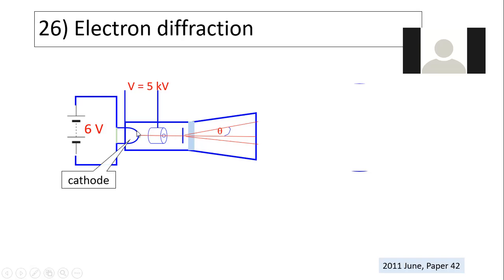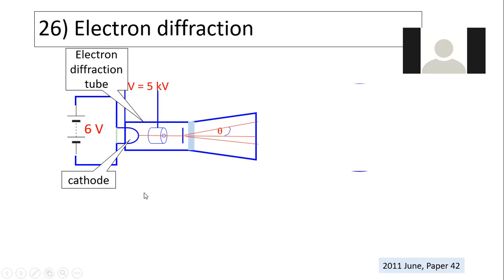Let's go. There's your cathode, heated by a low power source, so the electron is emitted. The cathode is charged negative, the anode is charged positive, by this accelerating voltage. That tube is called the electron diffraction tube.